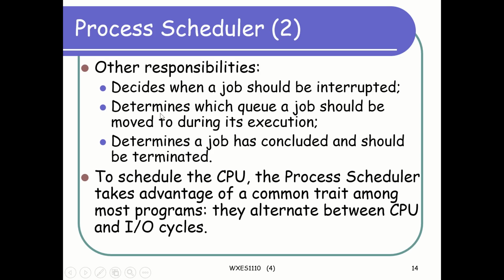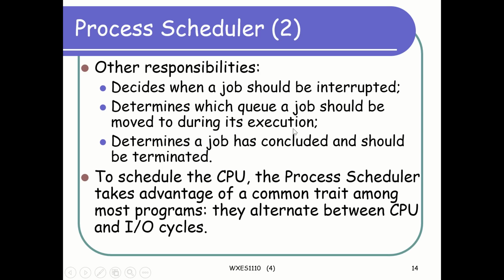So what are the other responsibilities of the process scheduler? It decides when a job should be interrupted. Remember the interruption when you were doing the bookshelf assembly and heard that your brother fell down and injured himself, and you have to manage him first before you continue with the bookshelf assembly.